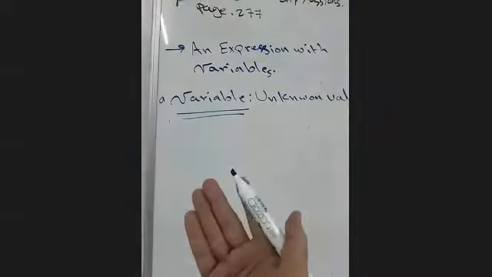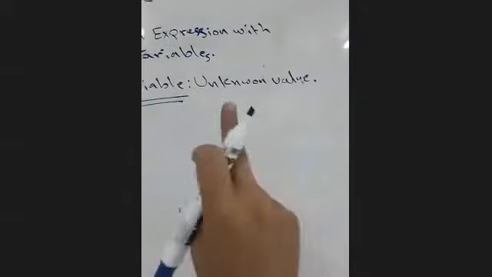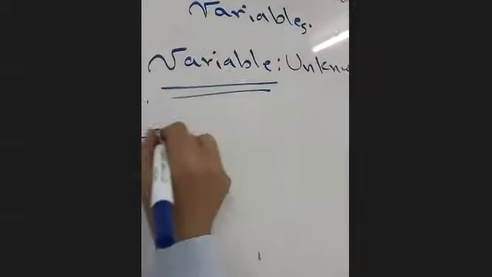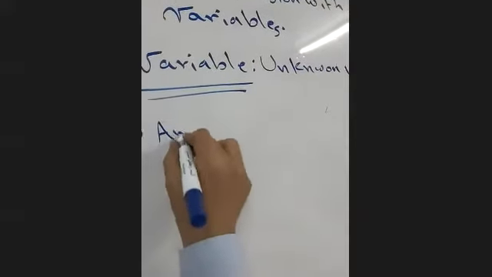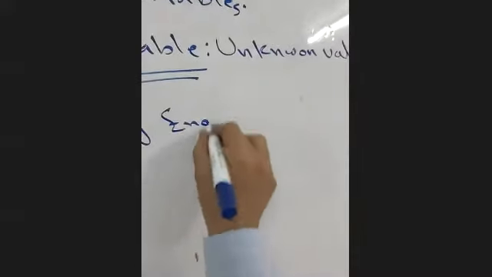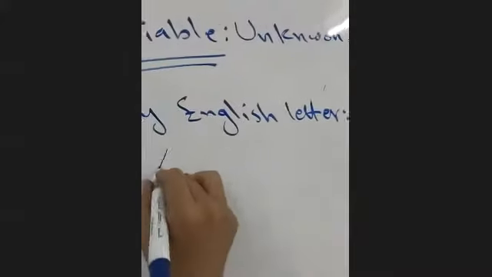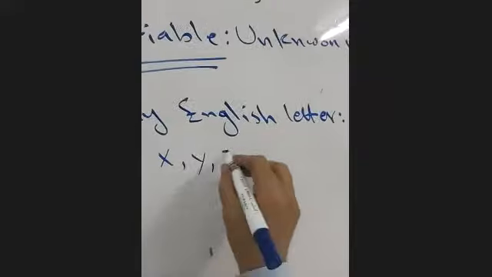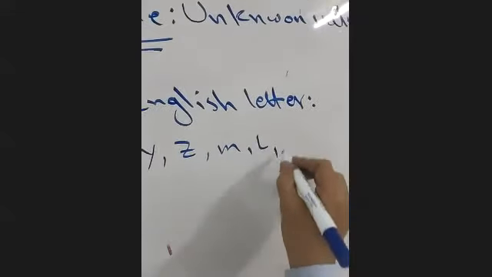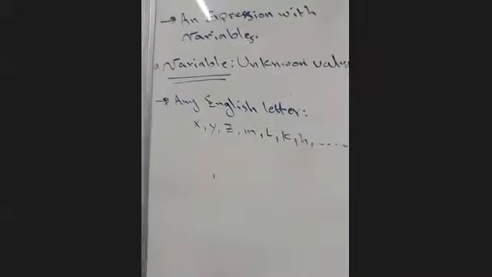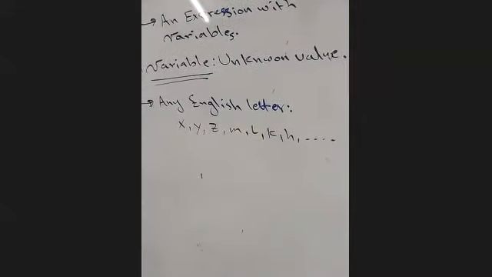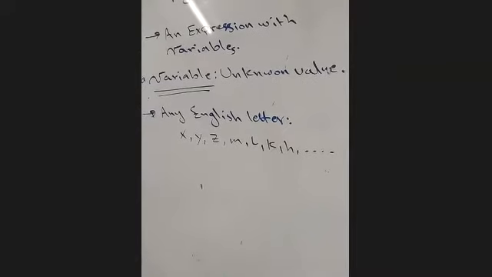The variable is an unknown value, a value that we don't know. Now, the symbol of the variable, guys, is any English letter, like X, Y, Z, M, L, K, H. Any English letter, we call it a variable in math, okay?